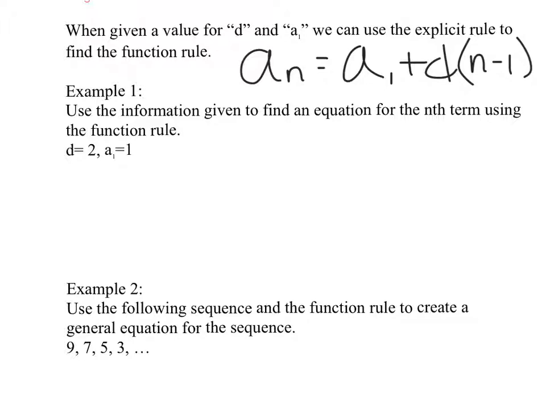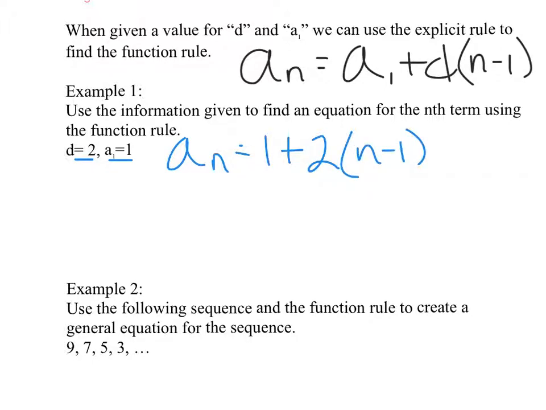For our first example, we have D equals 2 and A sub 1 equals 1. We plug those into the explicit formula: A sub n equals 1 plus 2 times n minus 1.